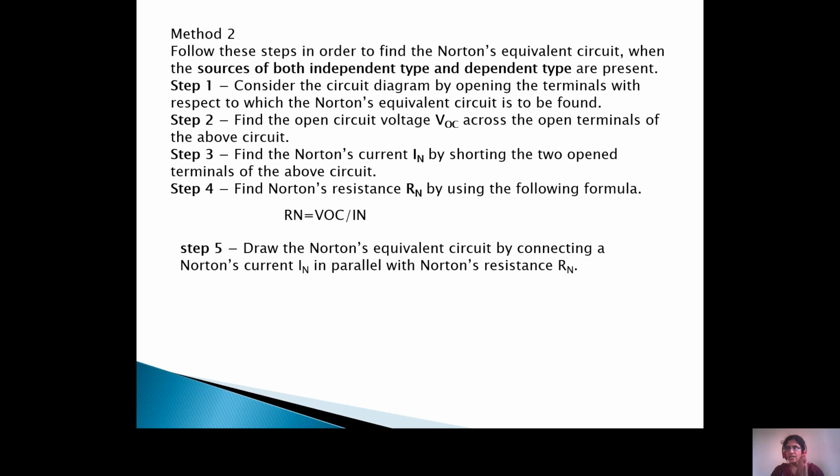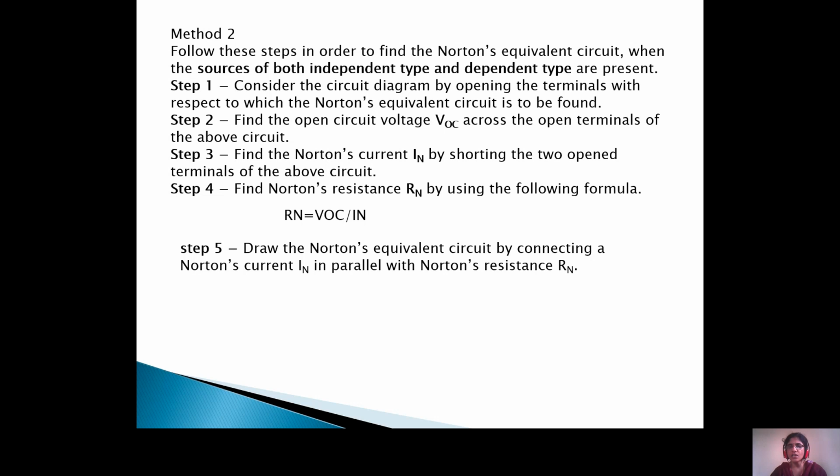First you have to open and find VTH, the open circuit voltage. Then you have to short and find the current. So the Norton resistance Rn will be VOC, the open circuit voltage, divided by the short circuit current, that is Norton's current.